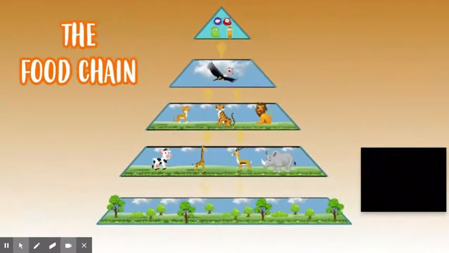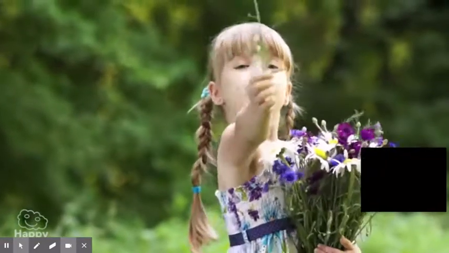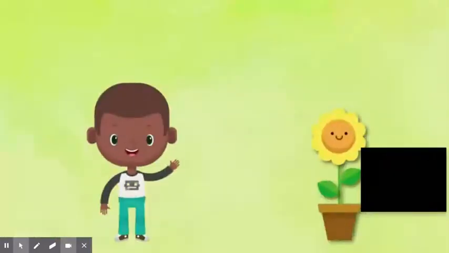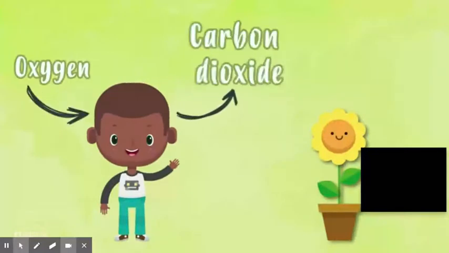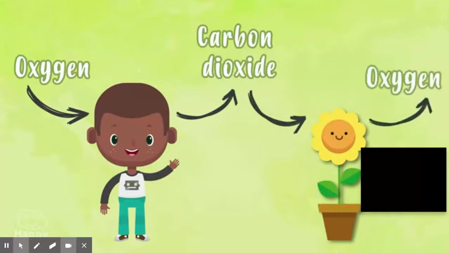Plants are fundamental for the food chain, and they are also fundamental for our respiration. Actually, when humans breathe, we turn oxygen into carbon dioxide, quite the opposite of when plants perform photosynthesis.